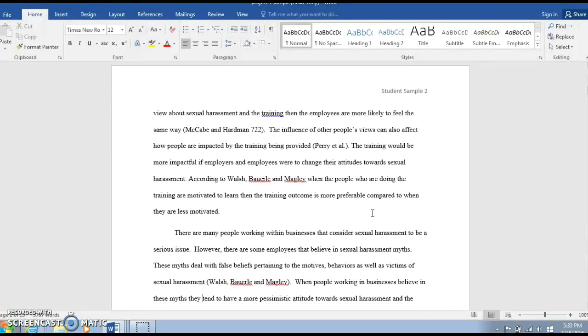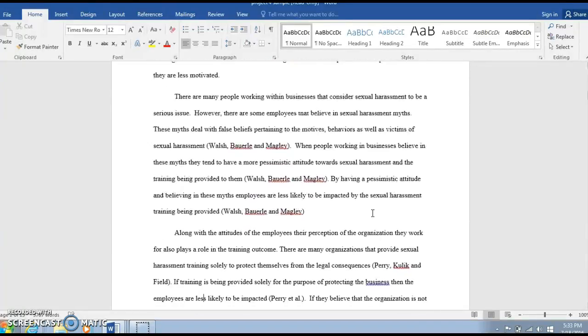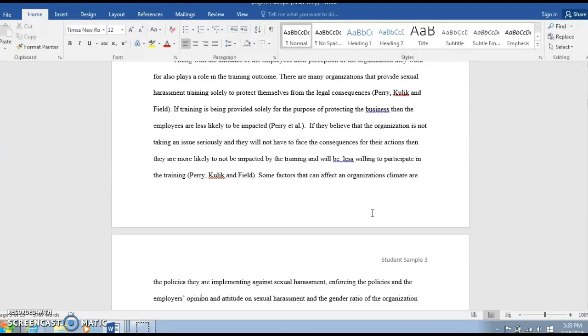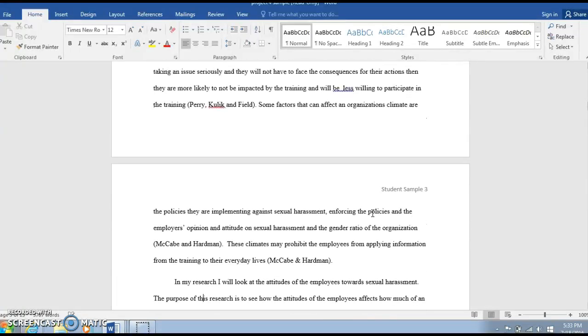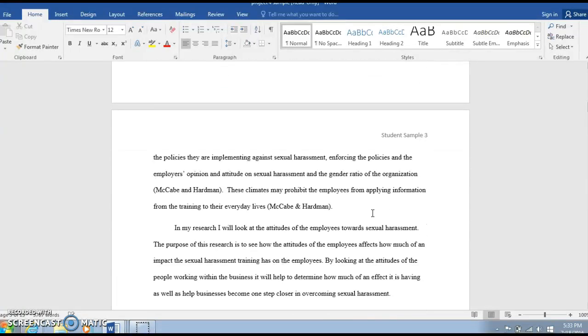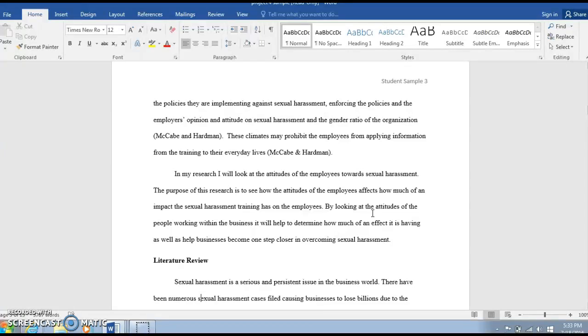She doesn't just talk about it in one, but she goes into 3 paragraphs establishing the problem and saying what that problem is. Now, you're going to want to go through this a little bit more closely to see what specific moves she's making within that, right? But that's the general gist, is to establish that problem that people don't take sexual harassment seriously. And we can see once again that she's using a lot of sources to back this up.